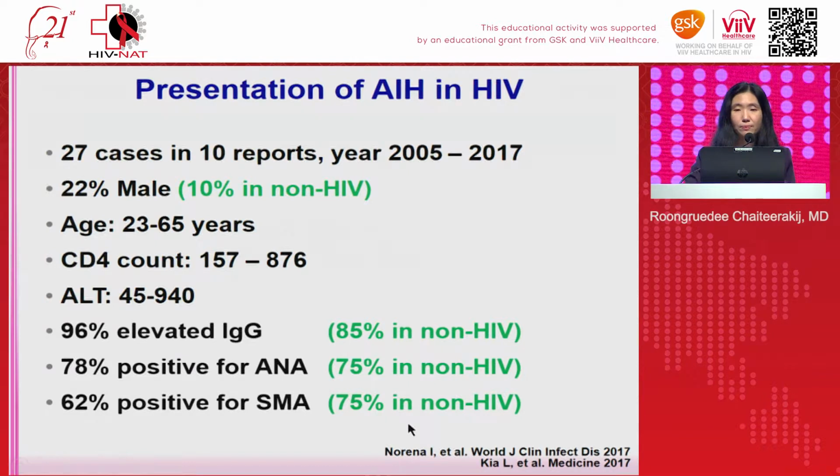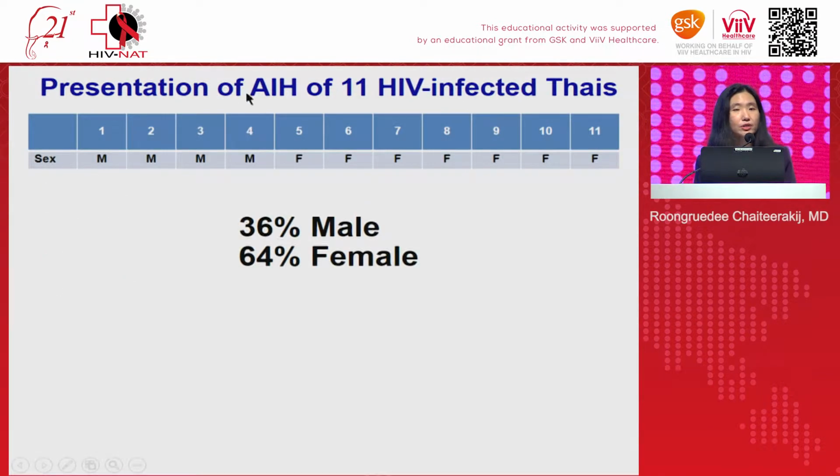Next, I'm going to present the presentation of AIH in 11 HIV-infected Thai patients. We found that in our cohort, the percentage of males was 36%, which is higher than the previous report. This is very interesting.